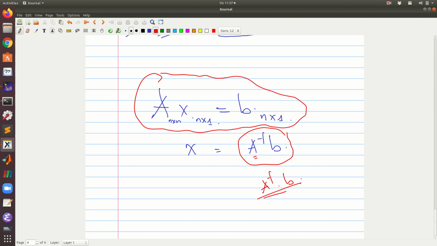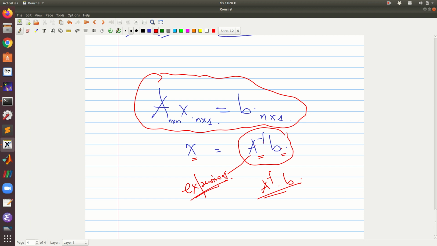Why is that so? Because later on we shall see that the process of first finding the inverse is computationally expensive. It involves quite many operations, especially if the matrix is very huge. Okay, so we shall later on see other techniques which people can use to solve these systems of equations Ax equals b, to find the solution x without having to first find the inverse and then multiply it by the right hand side vector.